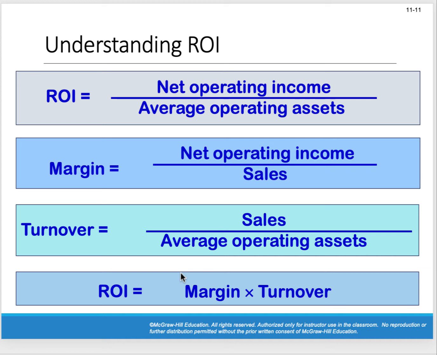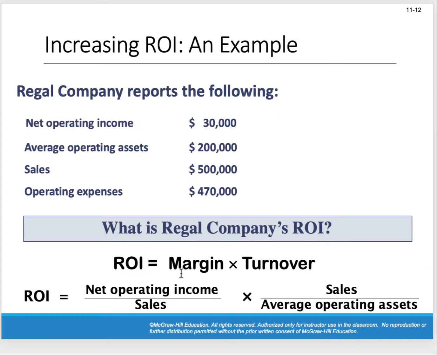So we take our sales and we divide it by our average operating assets. If we multiply margin and turnover together, that gives us our ROI. So that's just another way to calculate return on investment.